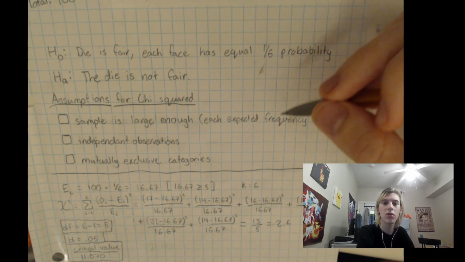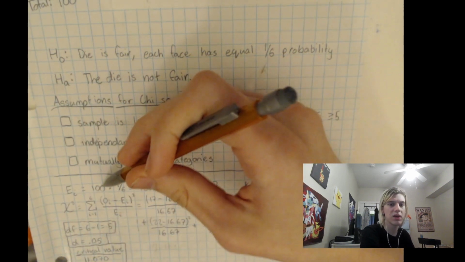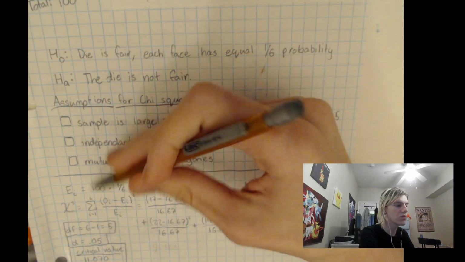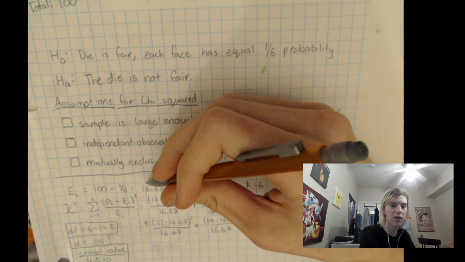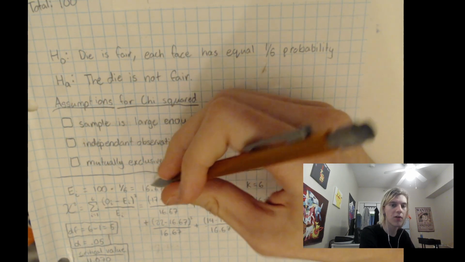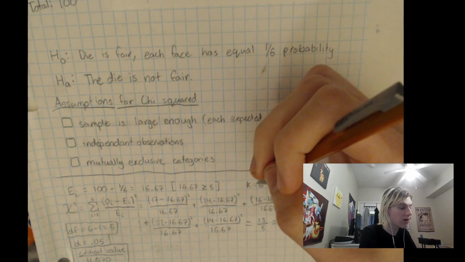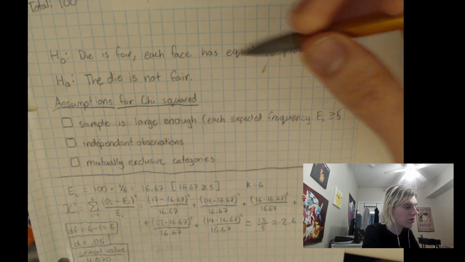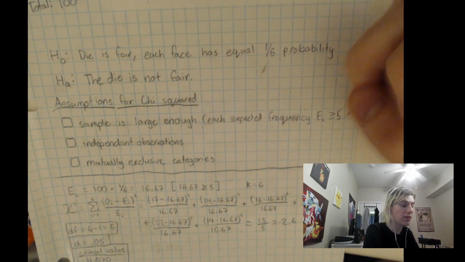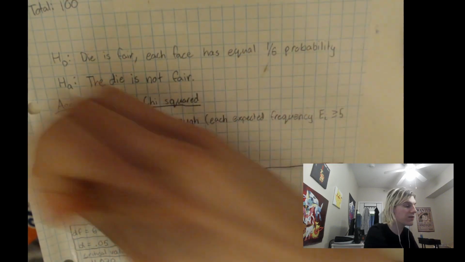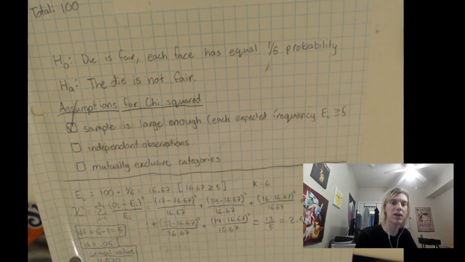As I can show right here, we have 100 data points. If we multiply that by 1/6, we get an expected frequency for each category of 16.67. Because 16.67 is greater than 5, we can check off that assumption as met.